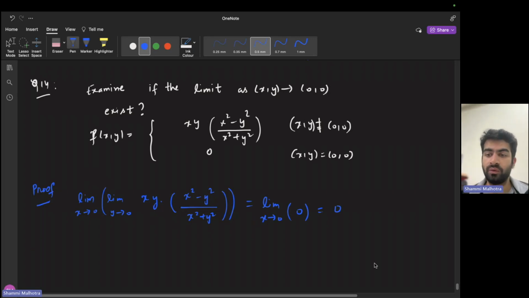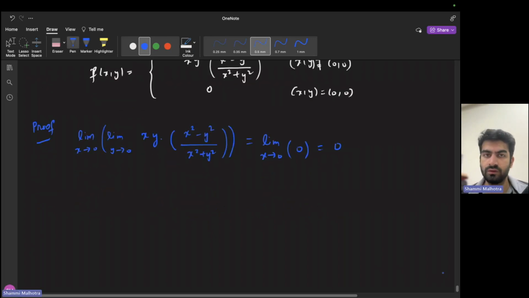So now let us bound our function, which we have done so many times. Let us do one more time. x square minus y square whole divided by x square plus y square. Okay, so let us consider.